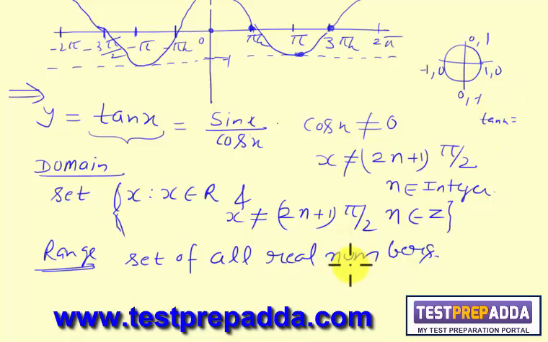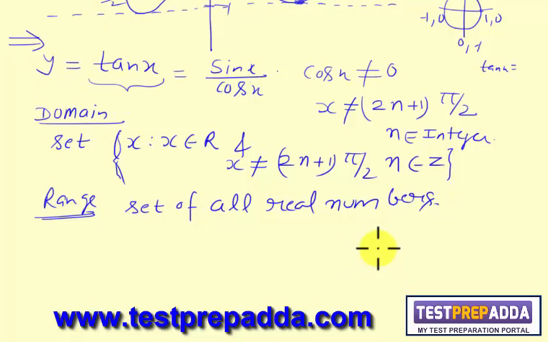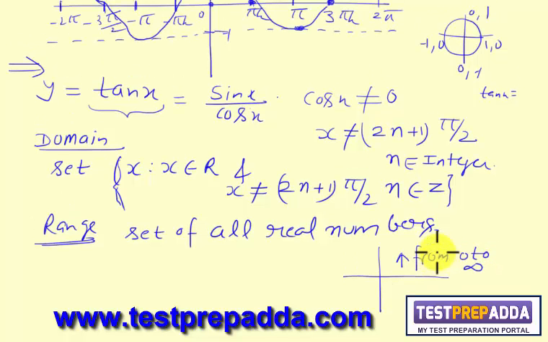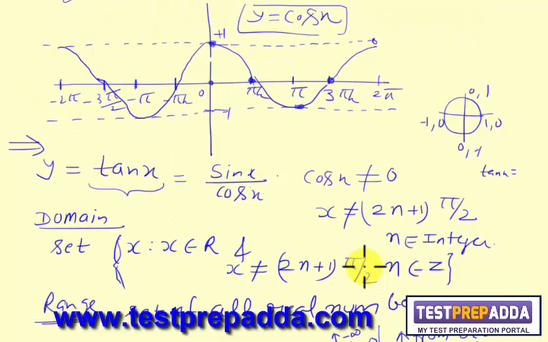So tan x or tan theta, the variation in different quadrants will be: in the first quadrant it increases from 0 to infinity, and in the second quadrant it again increases from minus infinity to 0.